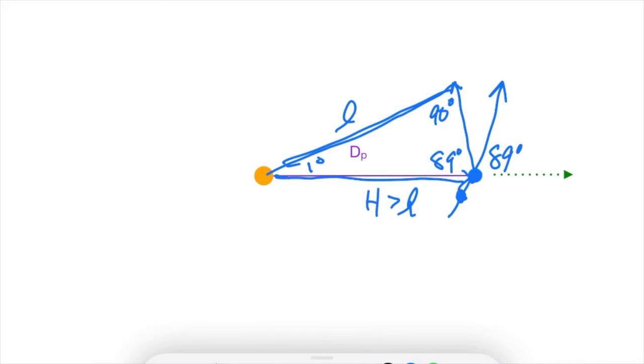So again, almost following from the definition of perihelion, the velocity vector has to be 90 degrees at that point. A similar argument can be made to show that the angle phi at aphelion also has to be 90 degrees.